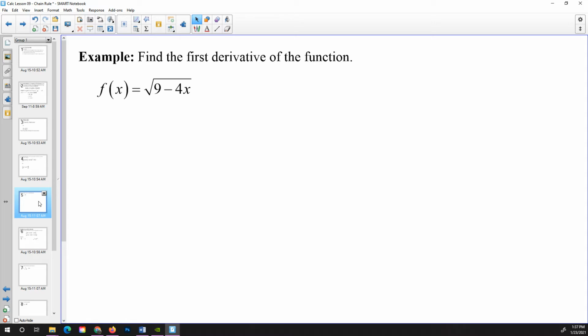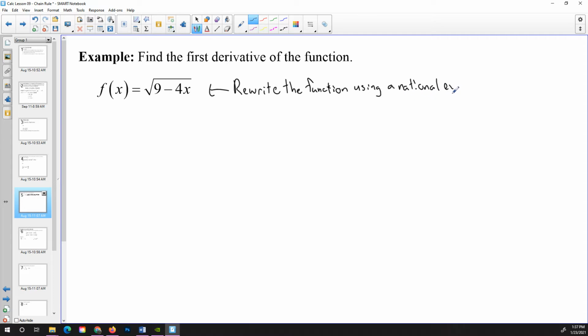So let's talk about a first very simple example of the chain rule. But before I can take the derivative of f of x equals the square root of 9 minus 4x, I have to rewrite this function using a rational exponent.